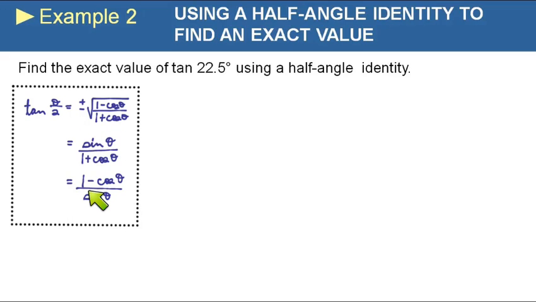But these other two are kind of a toss-up, so whichever one you like best. Now let's think about 22.5. If 22.5 is half of something, then that something must be 45. 22.5 is half of 45. So 45 is going to be what we substitute in place of our theta here.